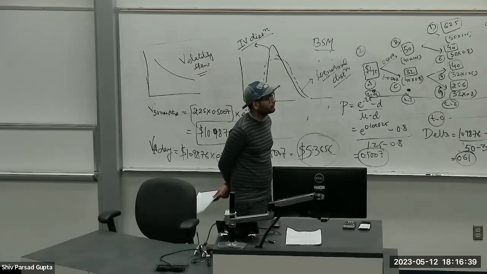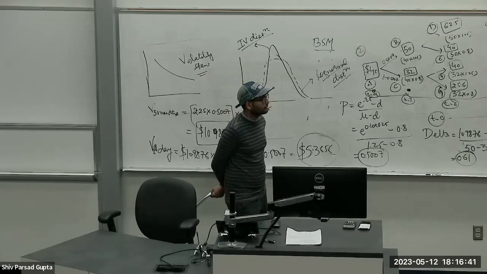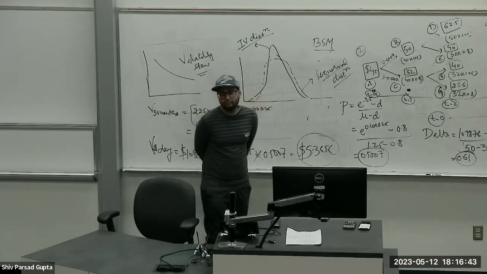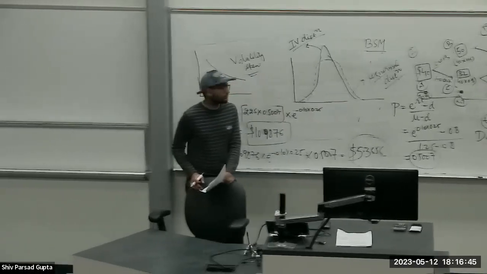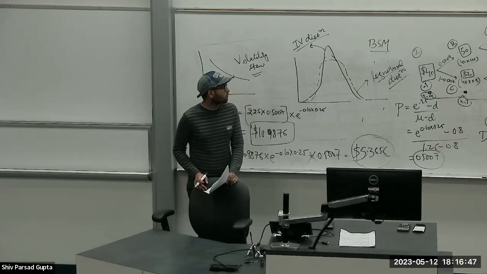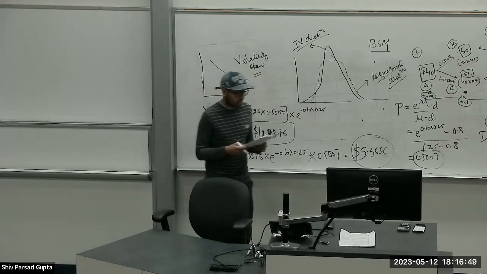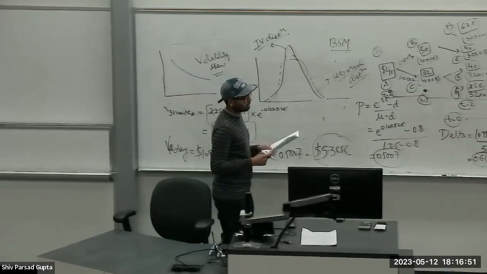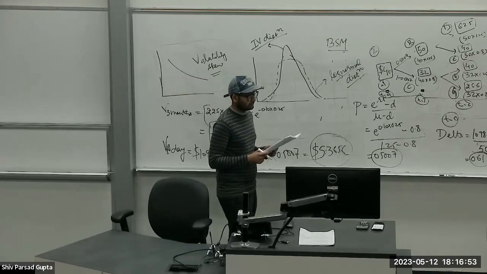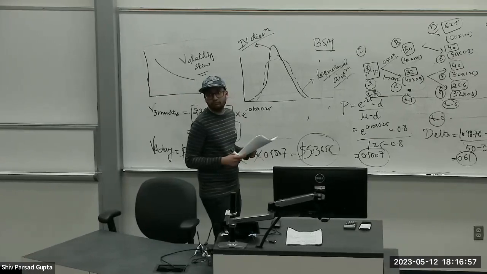So that's why you need to buy additional share. But if it moves to node C, when the stock price dropped to 32, delta is equal to 0. When delta is equal to 0, you don't need to hold any share. That's why you sell 0.61 share. That's the delta hedge.